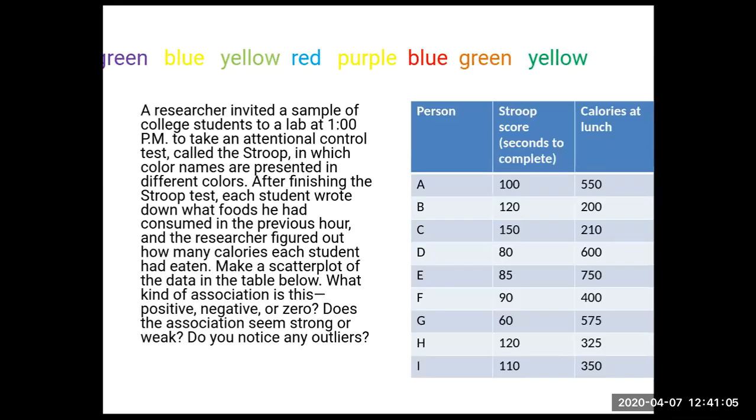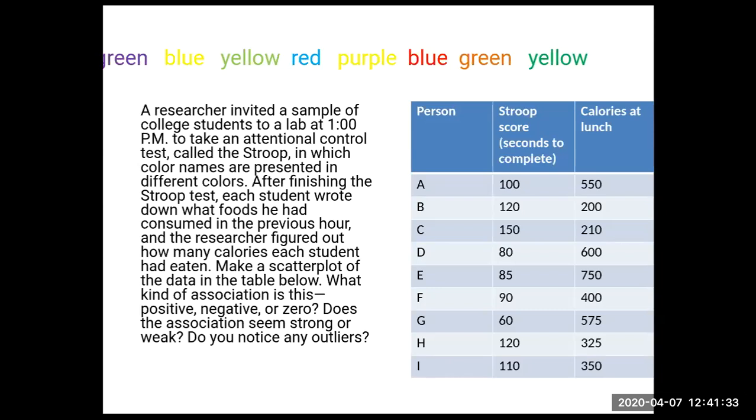What it looks like in this case is a correlation that would be negative, because the more calories they consumed, seemingly the less time it took for them to complete the task. And I think the idea behind that is that the more calories you eat, the more hopefully energy you have, and the more you can concentrate, so the less time you'll take going through the test.